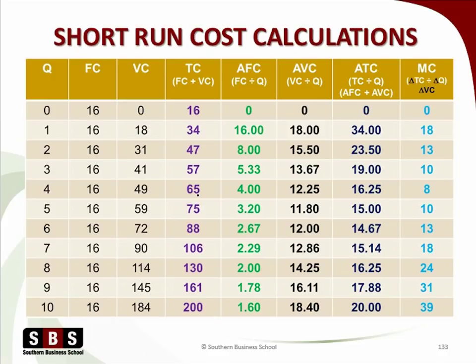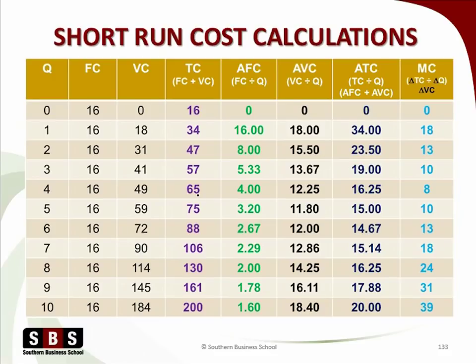And then your marginal cost is important. Marginal is always calculated on the total cost, as I said earlier. So marginal cost is the change in the total cost divided by the change in the quantity. That will always be the same. So you'll take 16 to 34 gives you the 18, and because it's increments of 1 again, it will remain 18.